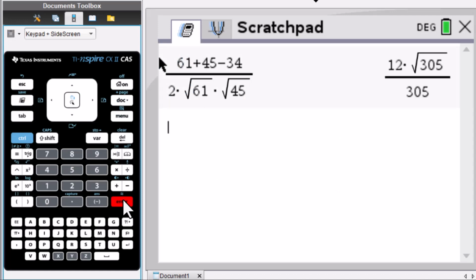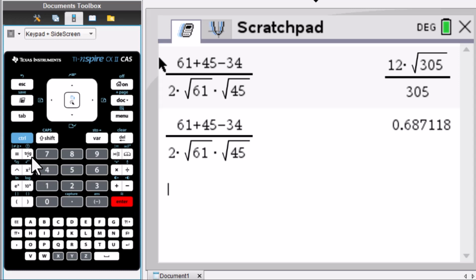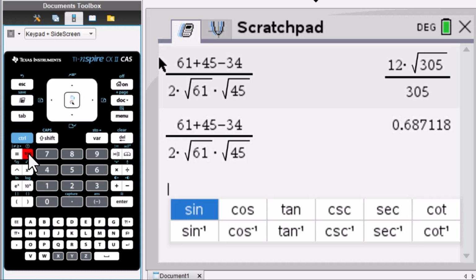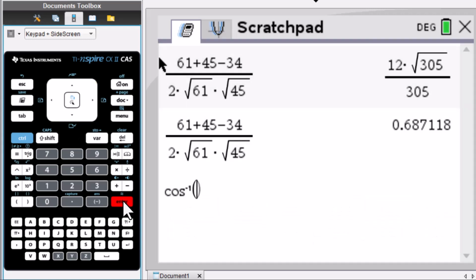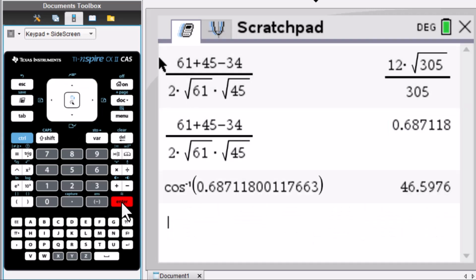Then Control Enter, go to decimals. Then inverse cosine. Hold this down. Enter. The answer is 46.6.